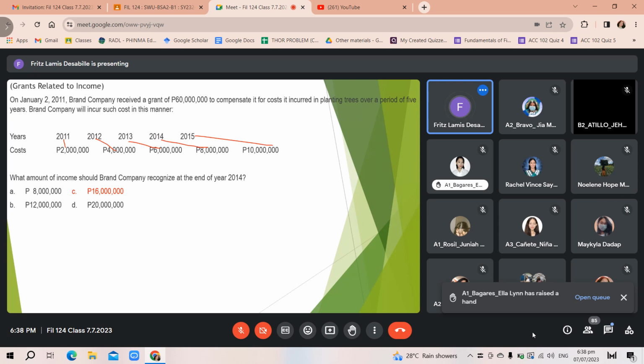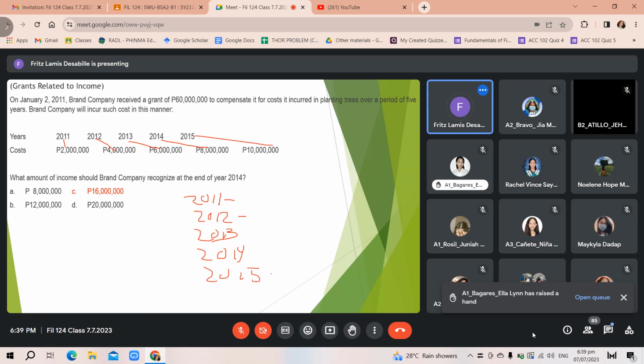related to the grant? So there is already an answer, but I want you guys to answer it yourself. I want you guys to put in the chat box what is the income in 2011, income in 2012, 2013, 2014, 2015.